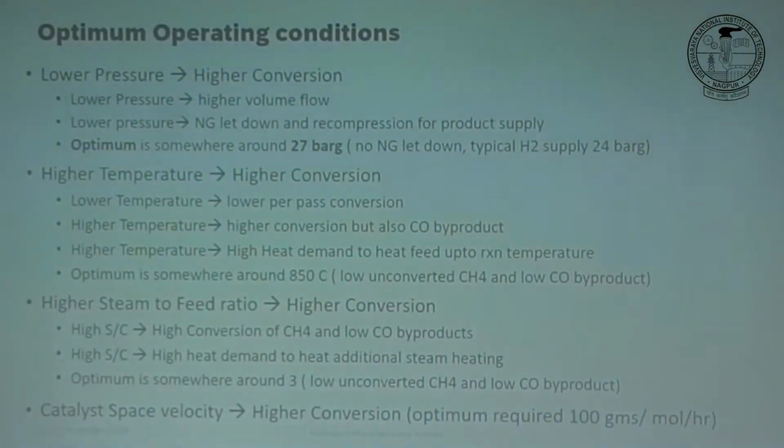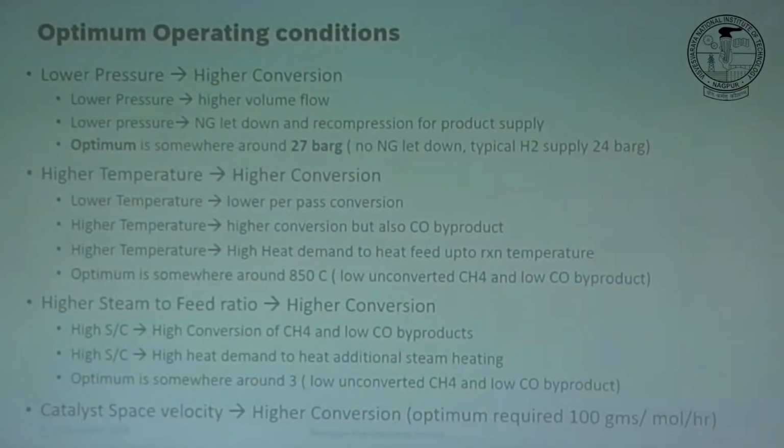So additional heat is required, so more energy consumption. Right? So once again, as I mentioned, the optimum is for pressure 27, temperature somewhere around 850. Similarly, for steam to carbon ratio or feed ratio, the optimum is somewhere around 3. Stoichiometrically, somewhere around 2.5 we need, and we supply a little bit of excess. So 3.